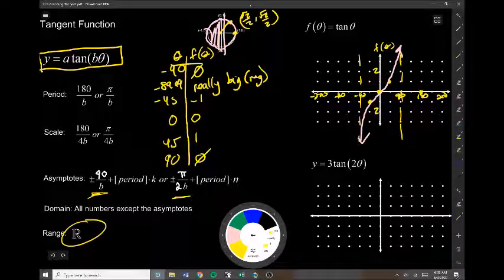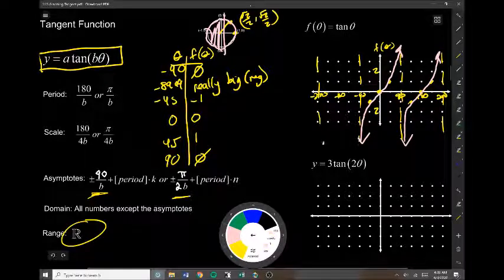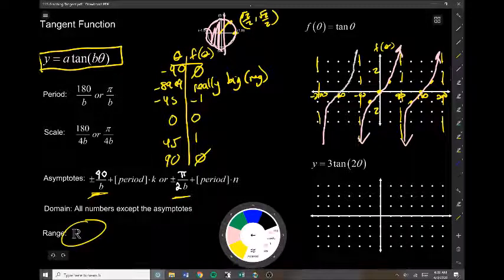At 135 would be negative 1, and 225 would be positive 1, and 270, another asymptote. And this cycle is going to keep repeating. This is a tangent function. It looks pretty nutty, but there it is.